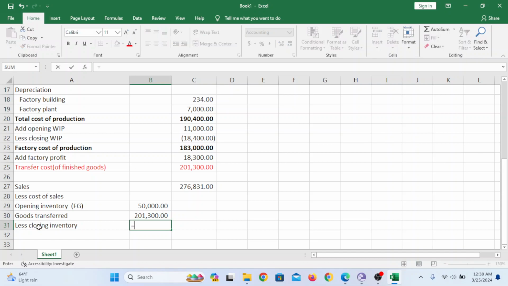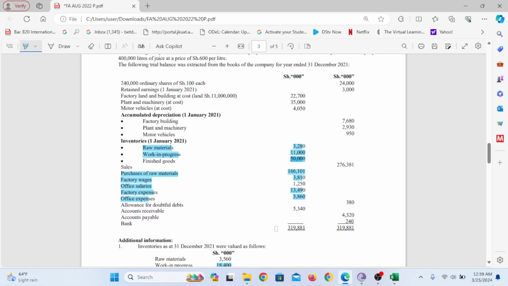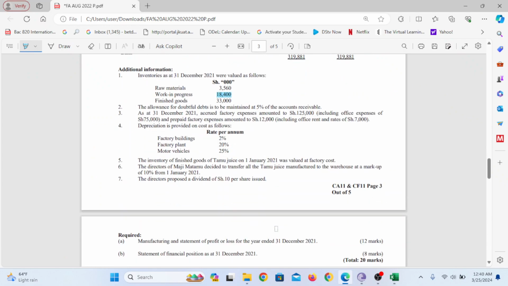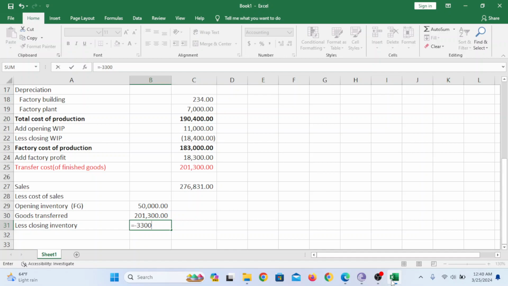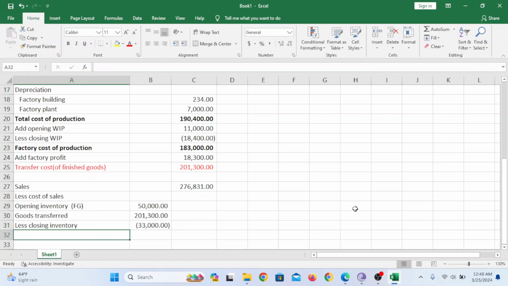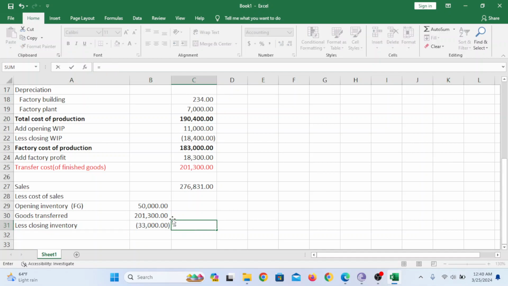Now the closing inventory also is given in the additional information. That is not number 4, number 1. That is 33,000 here. So we less 33,000 and we get our cost of sales here.